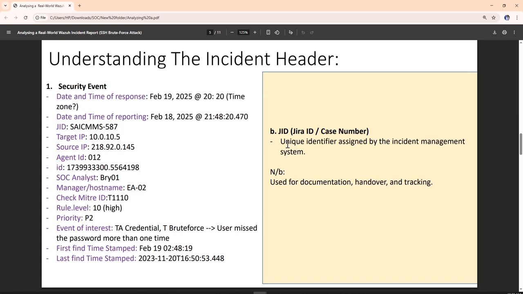Whatever that software is, it must have an ID number that it will assign to each ticket that comes across to it. It is used for documentation, handover, and tracking.